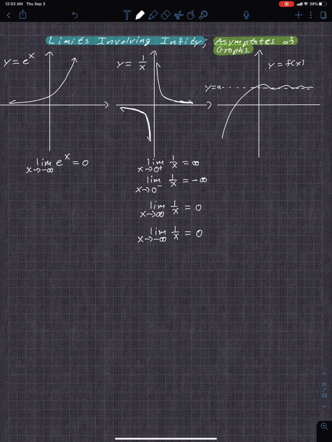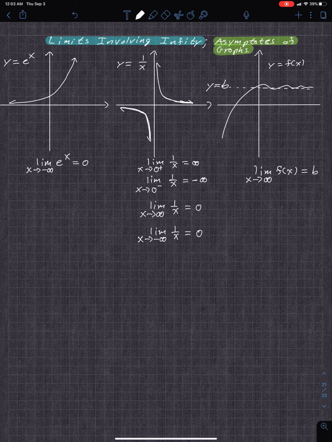And then using x equals a, let's change that to b just to be a little different. Suppose this is y equals b. For this function f of x, the limit of f of x as x approaches infinity equals, what would that be? It would be b. It's approaching b.